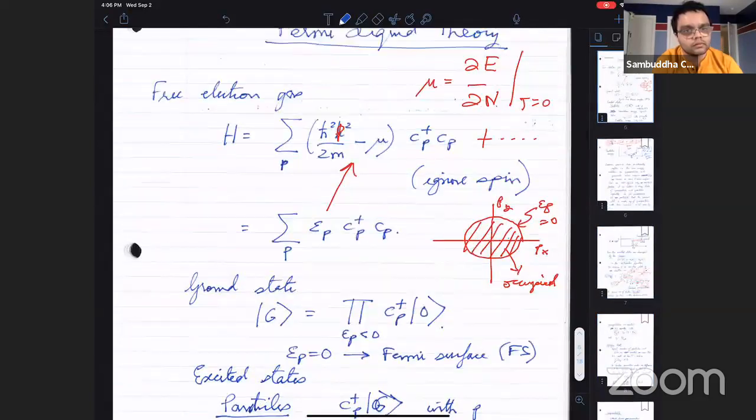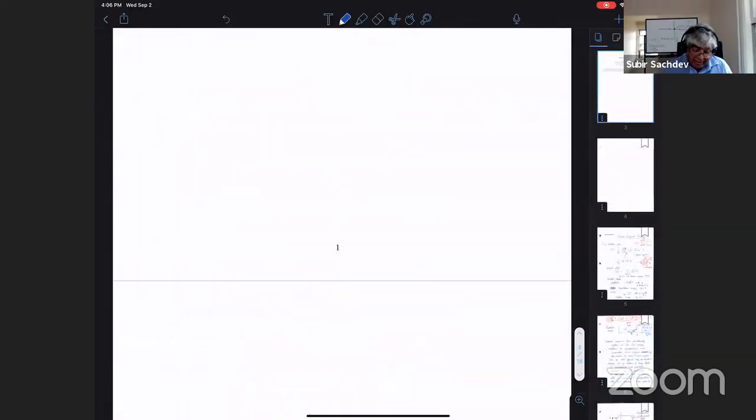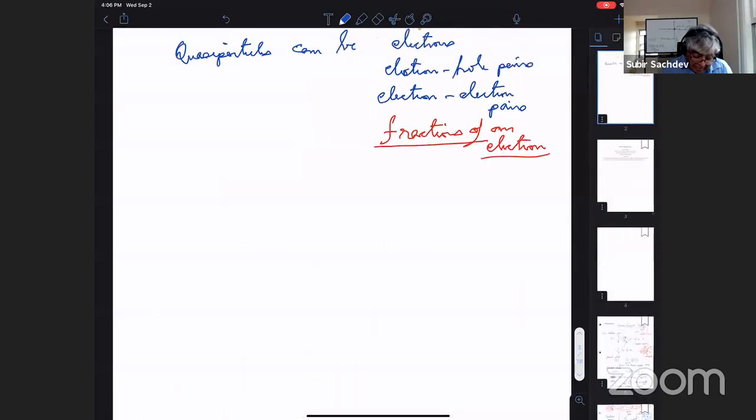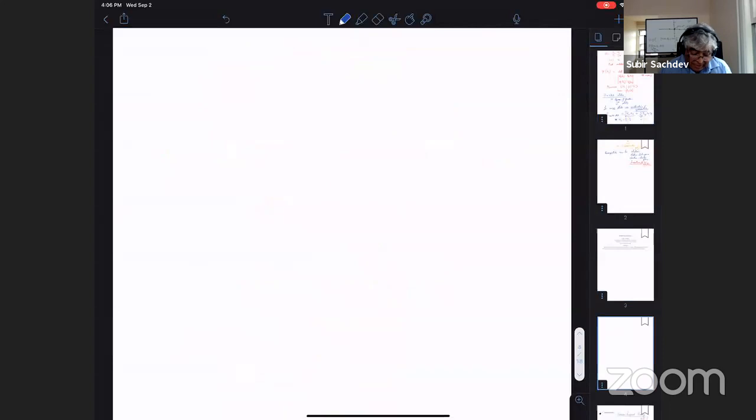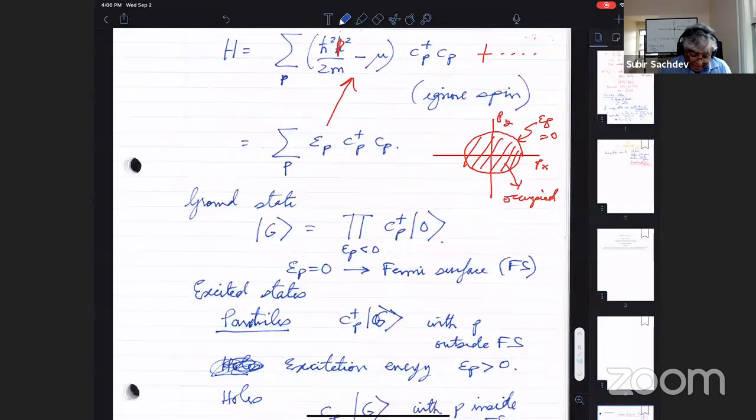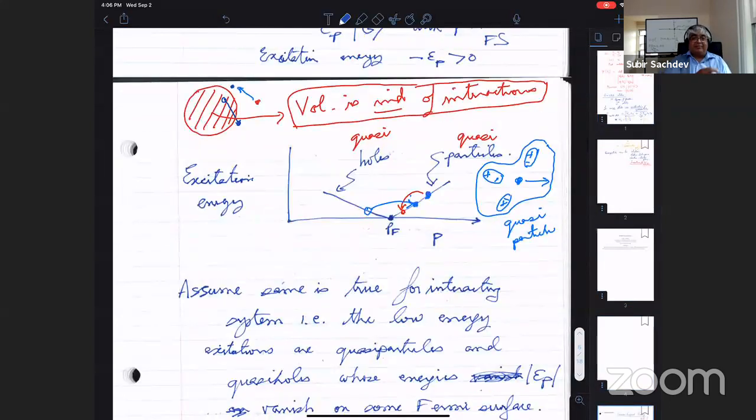A polaron would be where you have an electron, just one electron, say, moving through a lattice. As the electron moves through the lattice, the lattice distorts around it, so it has a cloud of atoms moving.